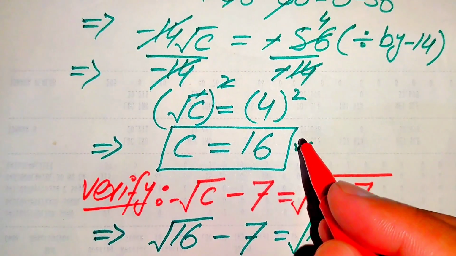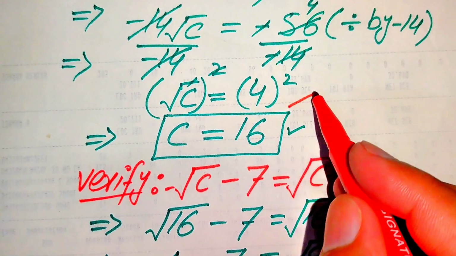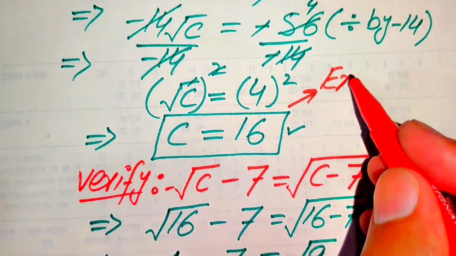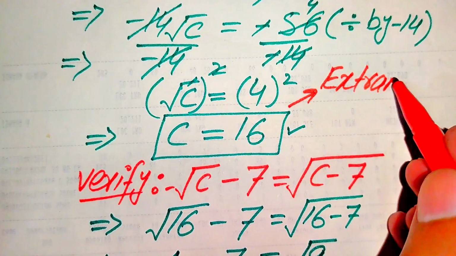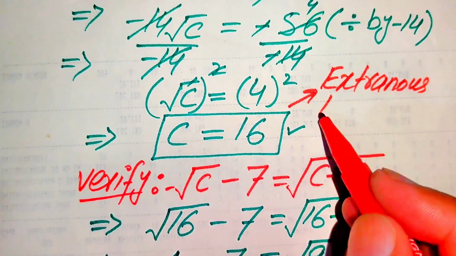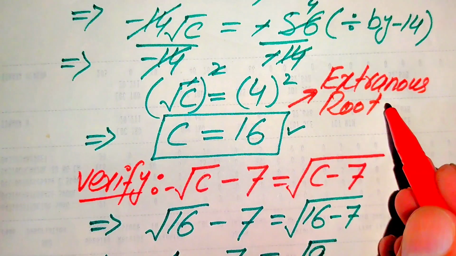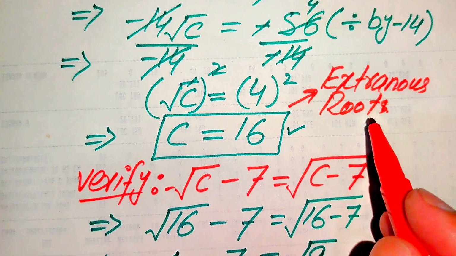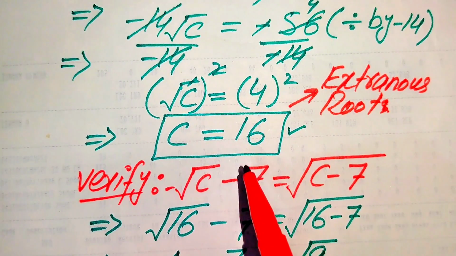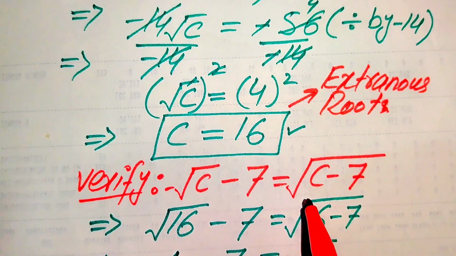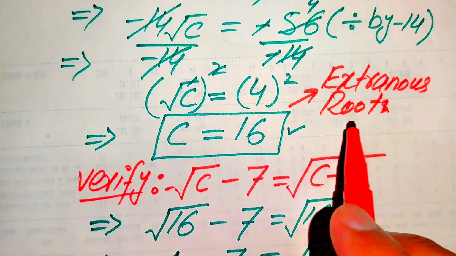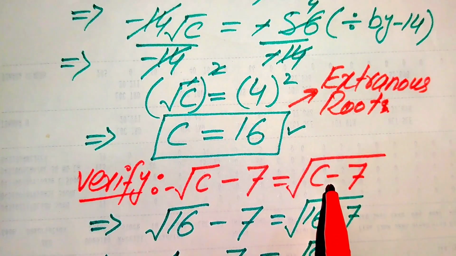So if this is not the solution, it means that this is the extraneous root of the given equation, because we know that a root that does not satisfy the given equation is called an extraneous root. So c equal to 16 does not satisfy this equation, so c equal to 16 is the extraneous root of this equation.